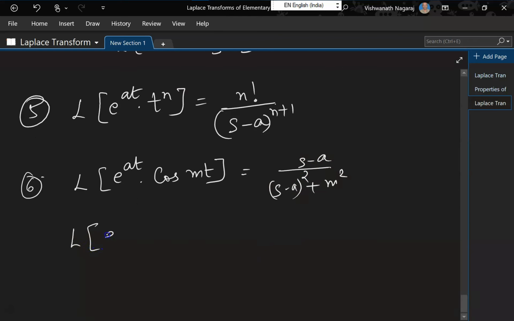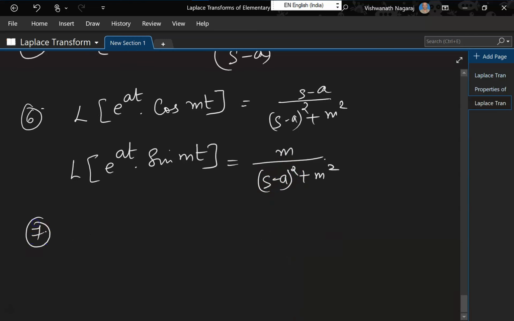Similarly, Laplace transform of e to the power of at sin mt. This would be what? If you just look at the Laplace transform of sin mt, it is m by s square plus m square. Now, because of this e to the power of at, this would become m by s minus a square plus m square. Okay, what is left out?